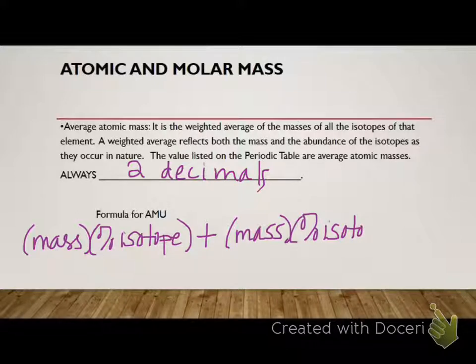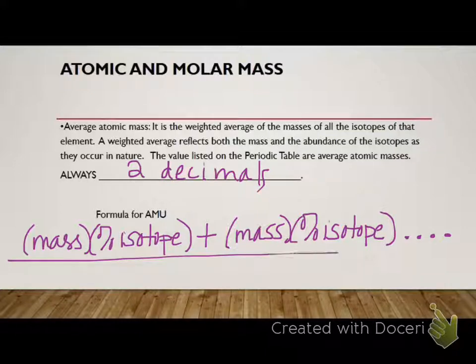If you have more isotopes, you keep going. Then divide it by 100. Now, if you like to take things out of the percentage before you multiply by them, you can do that, but then don't divide by 100 again. Then don't divide by 100 again.